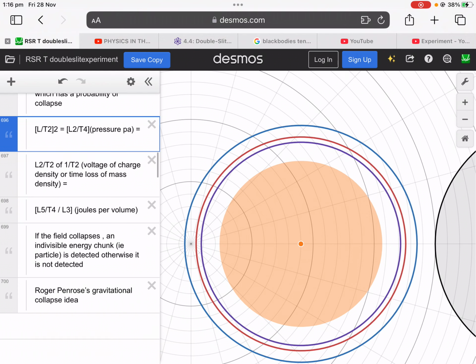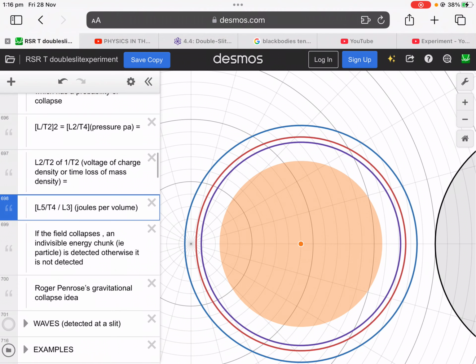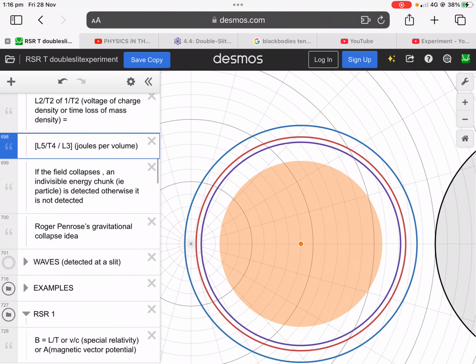They're all equivalent, which is what the vacuum energy is, the unit for the vacuum energy. So if the field collapses, an indivisible energy chunk, i.e. a particle, is detected, otherwise it's not detected. And who knows if it ever arrived or not.